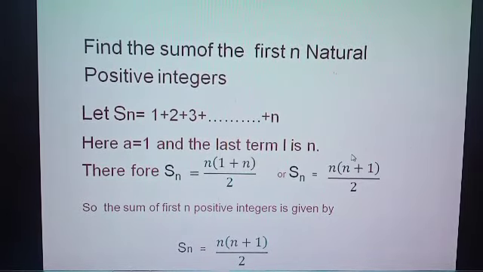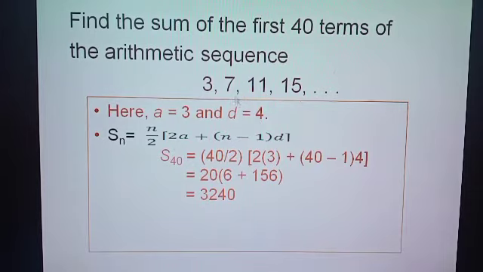Next problem. Find the sum of first 40 terms of the arithmetic sequence. So your first term a is equal to 3 and d is equal to 4. How will you get d? 7 minus 3 is 4. So the first formula we are using here, that is Sn is equal to n by 2 into 2a plus n minus 1 into d.